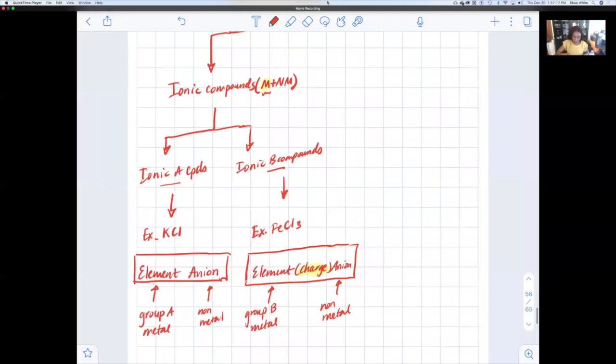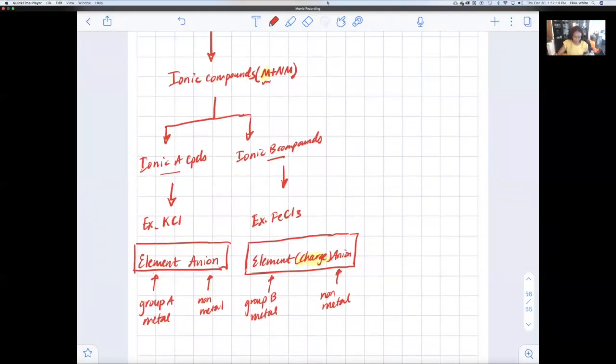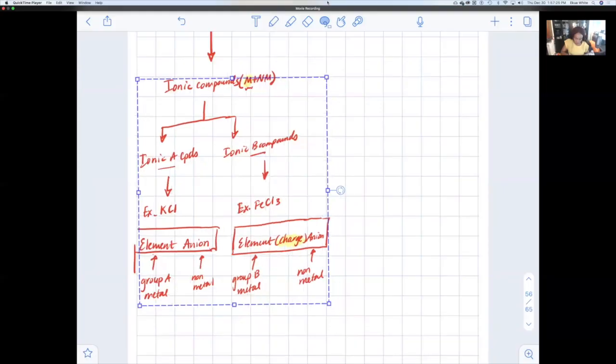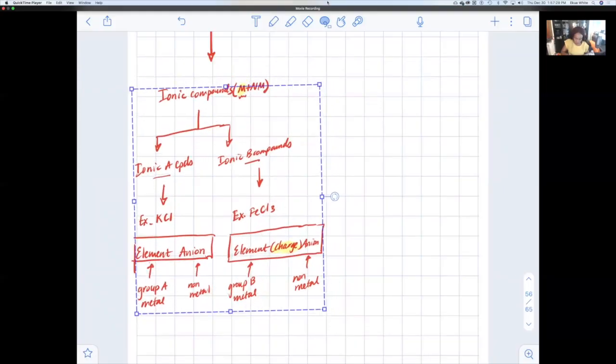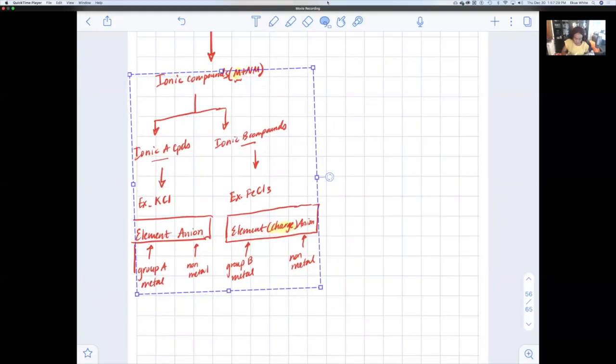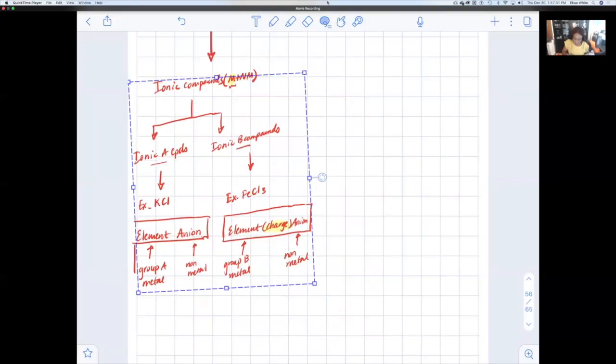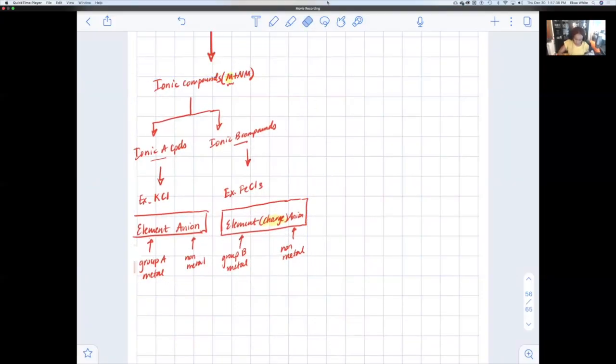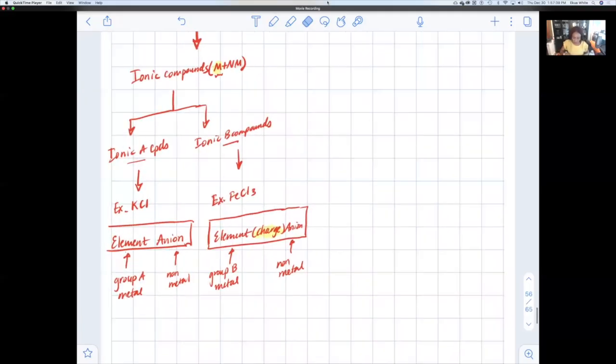Okay, so let me go ahead and shrink this because I need that space. Let me go ahead and erase that. I need that space on the right.